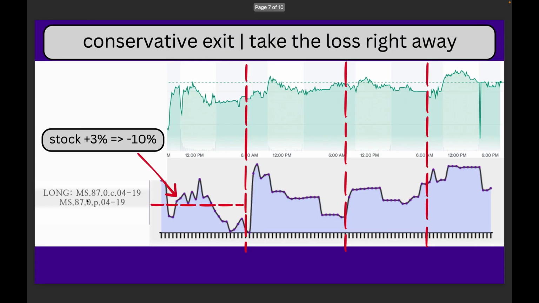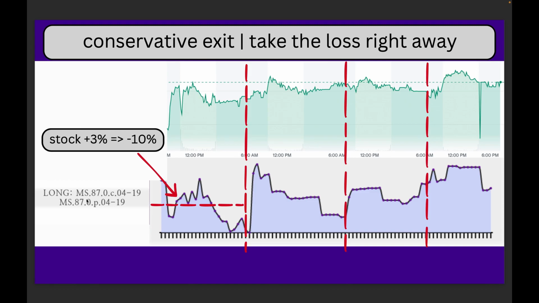Now, once we've seen the market open and the stock being at 3%, obviously lower than our break even, one approach, if we are very conservative, is to notice that the loss currently at open, with only that 3% move, is at 10%, which is lower than our maximum planned risk of 30%.